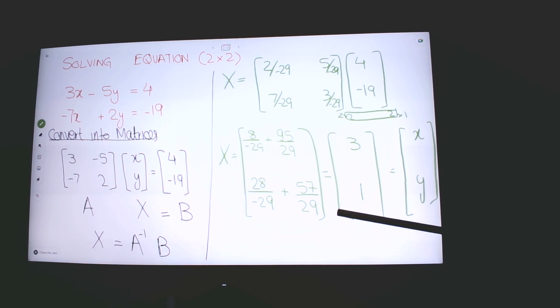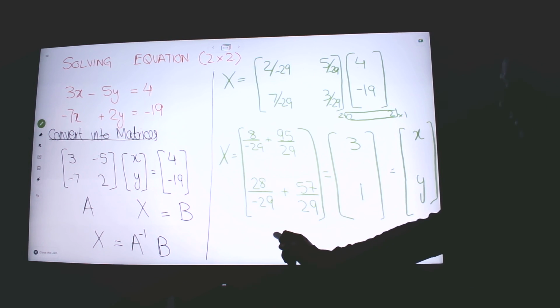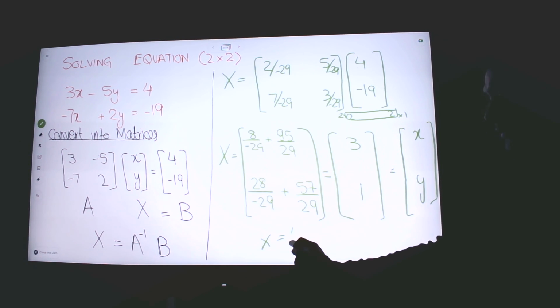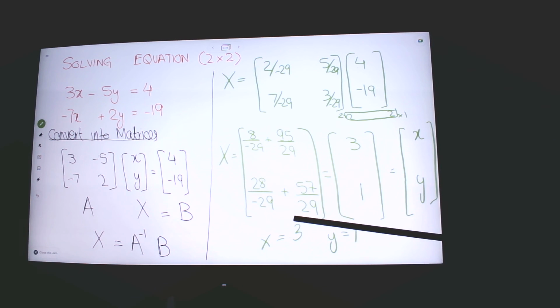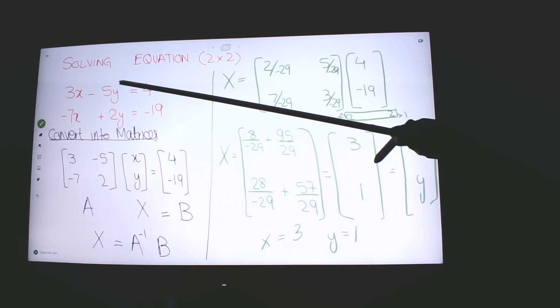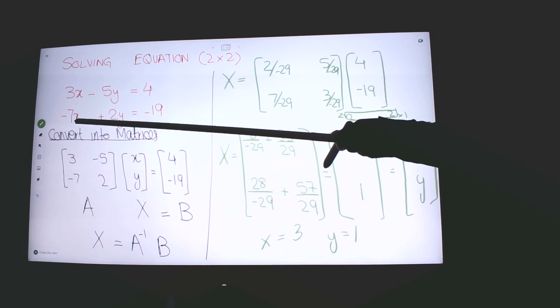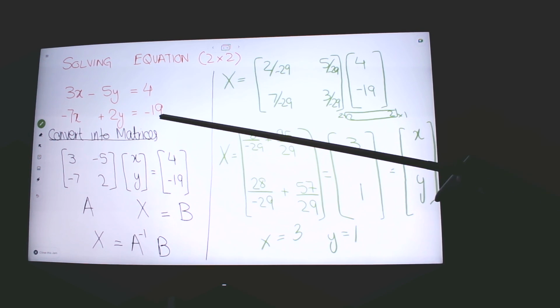So we have just found the values of X and Y using the matrix form. You can write down X equals 3, Y equals 1. That is your answer. If you want to check, you can put it back in the equations. You will get 4 in the first equation, and minus 19 in the second.